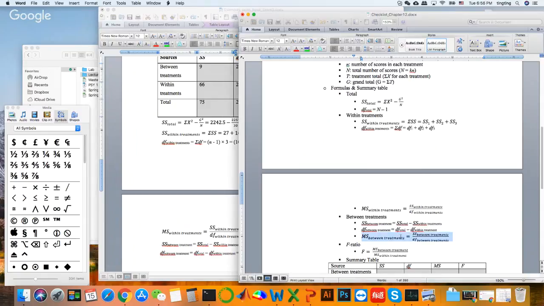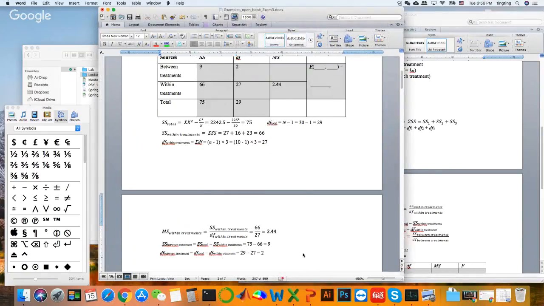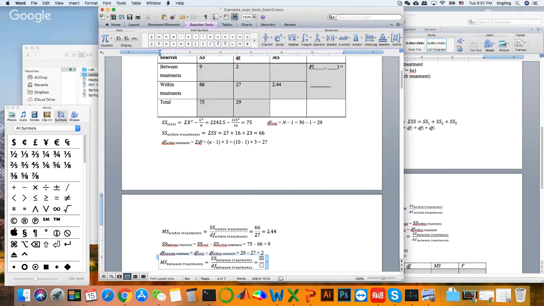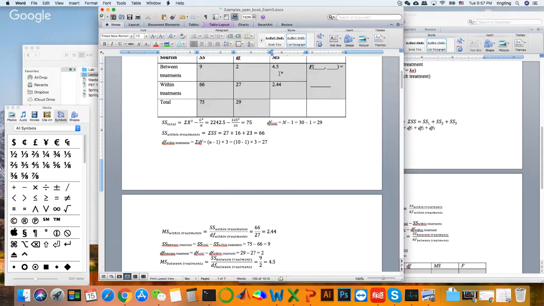And the MS is the ratio between the SS and the DF, which equals 9 divided by 2, which is 4.5. Put 4.5 here. And we can finish this part, right?